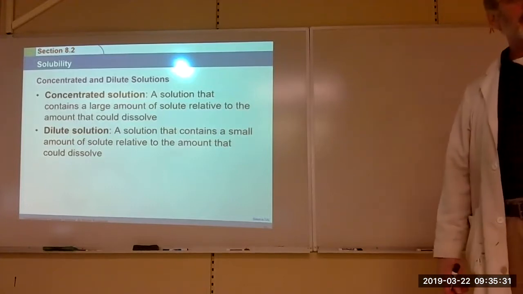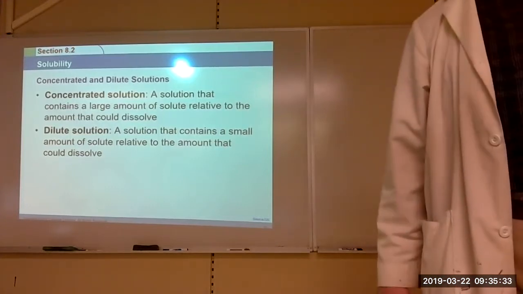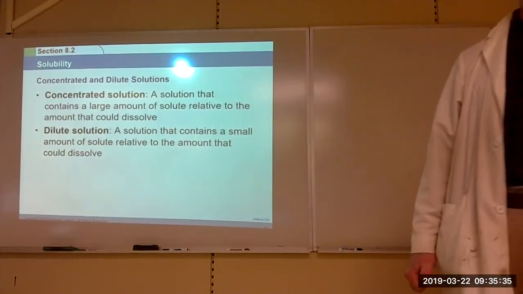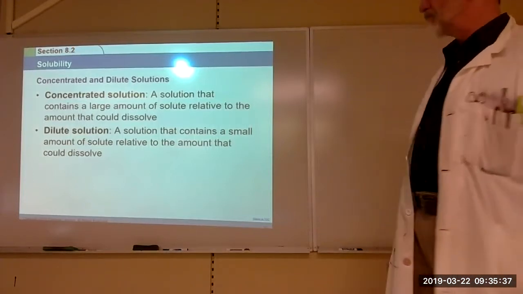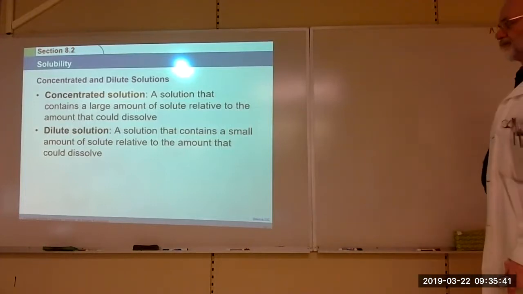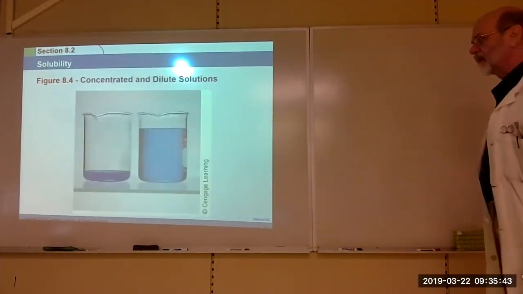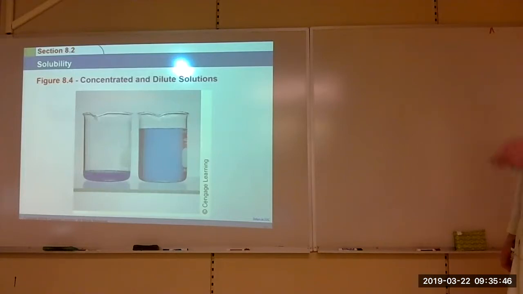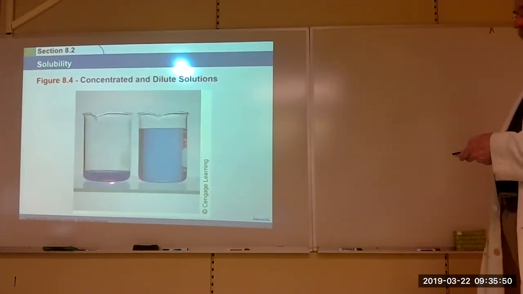Now, I would say that sugar solution that you're going to put out for your hummingbirds, a 50-50 mix, that would be concentrated. So this is a dilute solution. This is a concentrated solution.